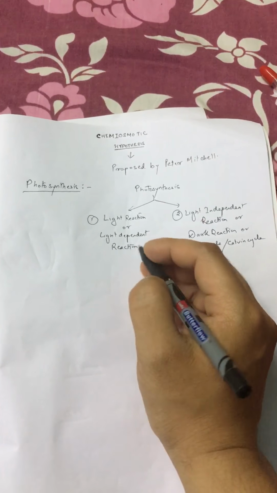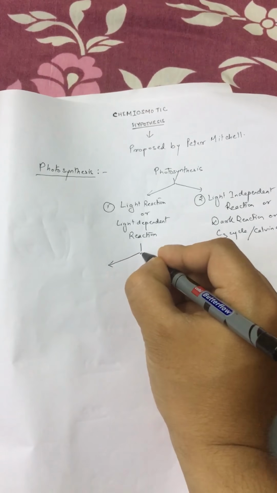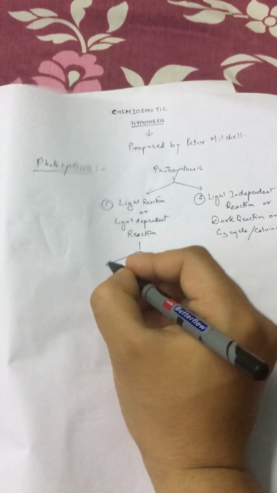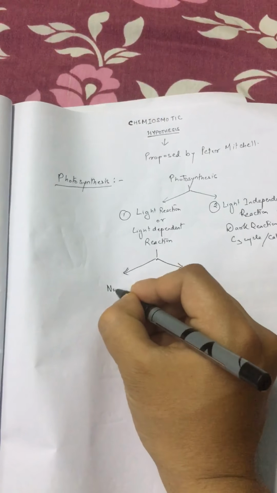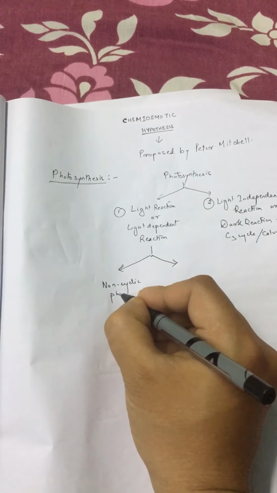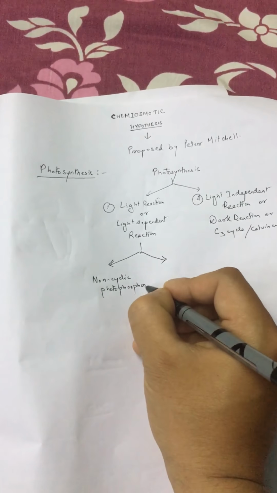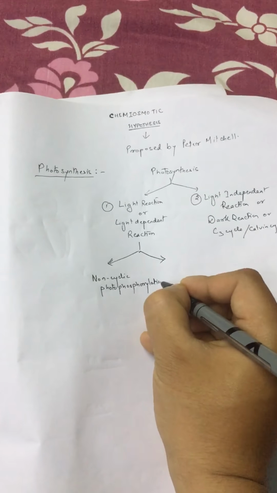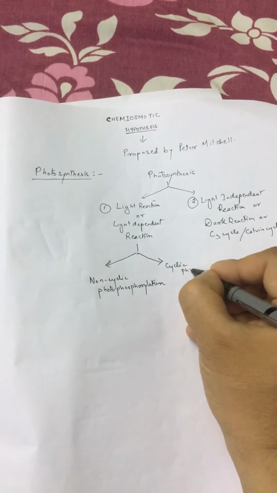This light reaction is again completed in two phases. One is the non-cyclic photophosphorylation and the other is the cyclic photophosphorylation.